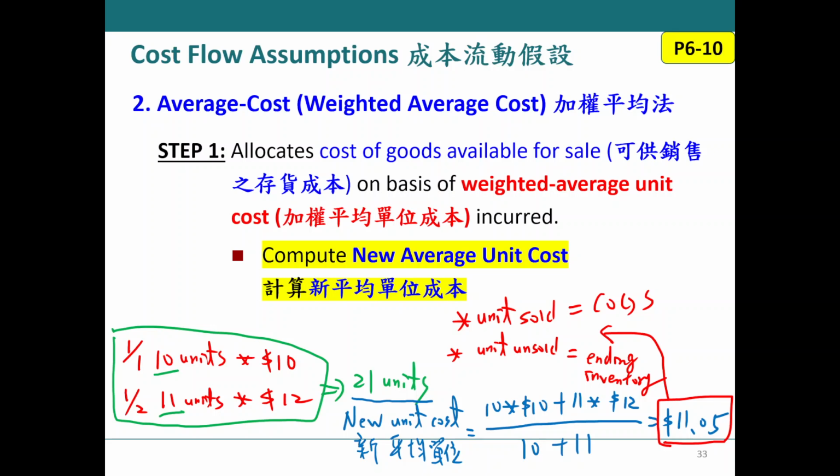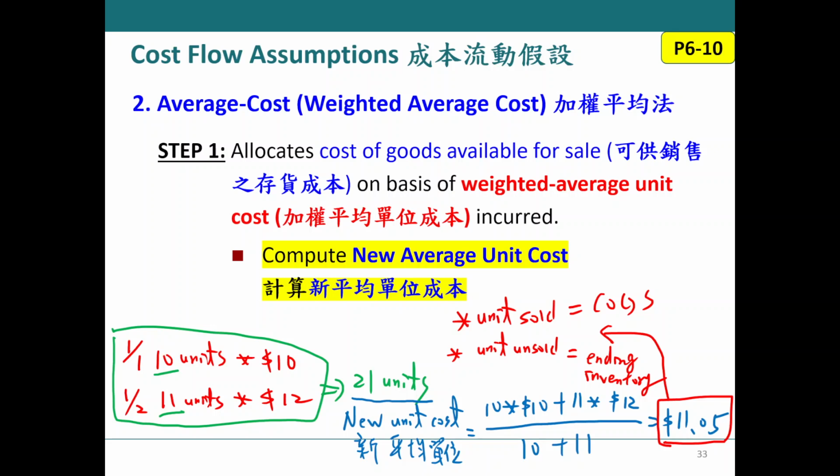So second assumption, for all inventory we have, we mix together to make it become the big one. So what's the big one? Mix all together become 21 units. So since we mix all together, you should figure out what's the new unit cost.